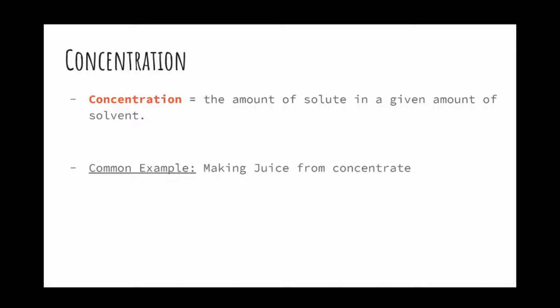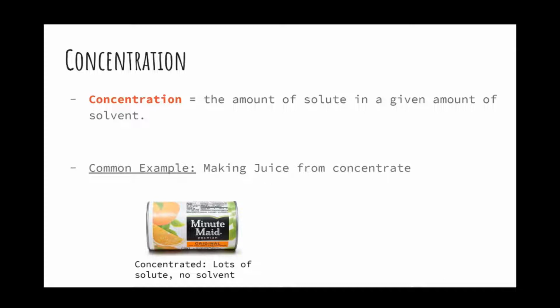An everyday example that you might be familiar with is making juice from concentrate. Maybe some of you at home have seen a container like this, and this would be a concentrated container of orange juice. There are lots of solute particles, like the orange pulp and things like that, and really not much solvent. And you wouldn't drink this just as it is.